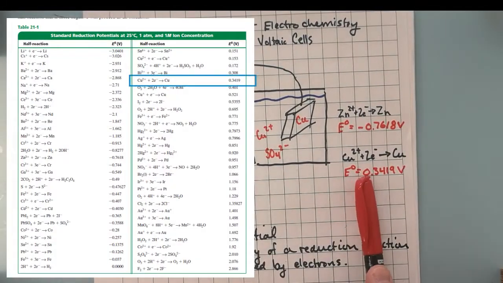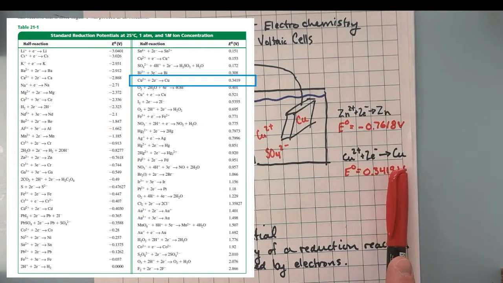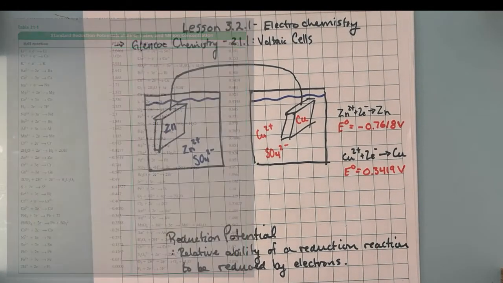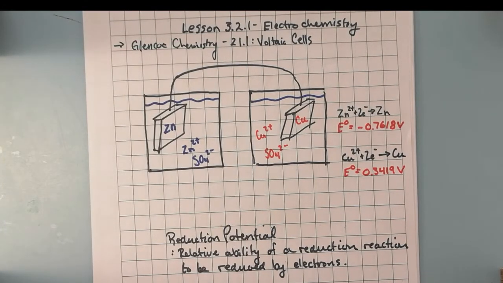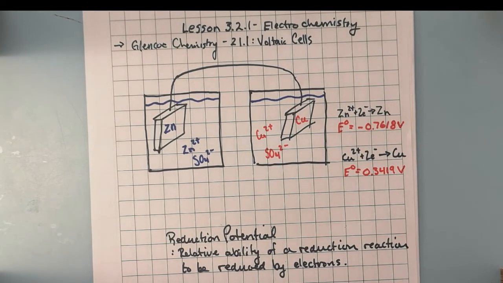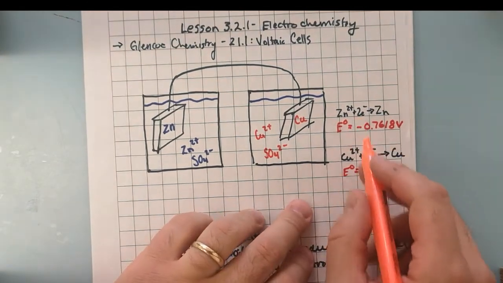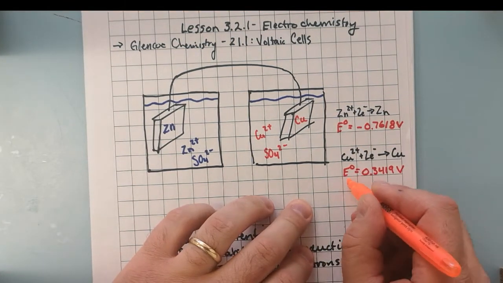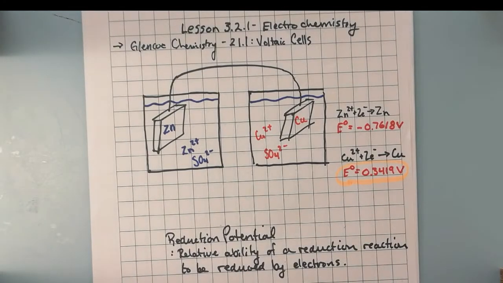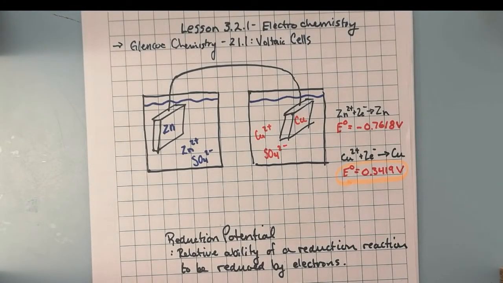The reduction potential of copper 2+ to become copper metal has a positive value. So it's likely to be reduced by electrons compared to the standard hydrogen cell. This means that of these two metals, the metal that has a greater reduction potential will be reduced.